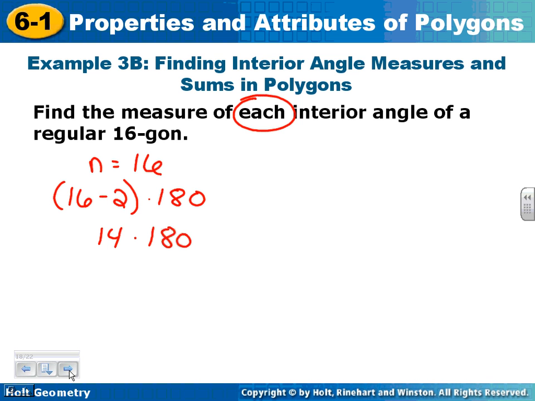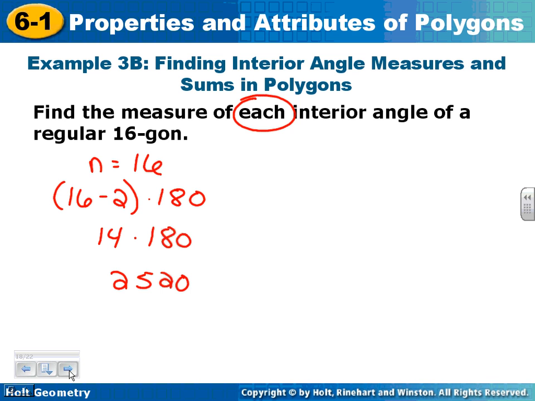So 14 times 180 is 2,520. In other words, if you draw a 16-sided polygon and measure each of the 16 angles, they would add up to 2,520.